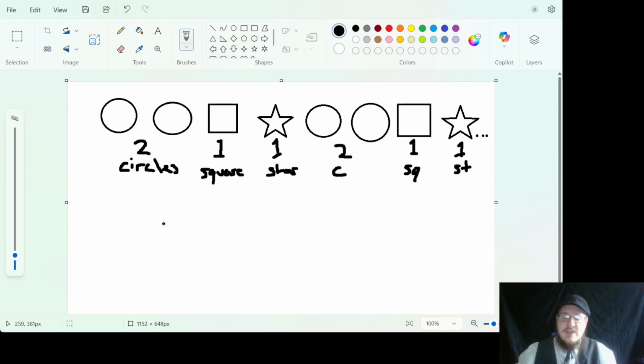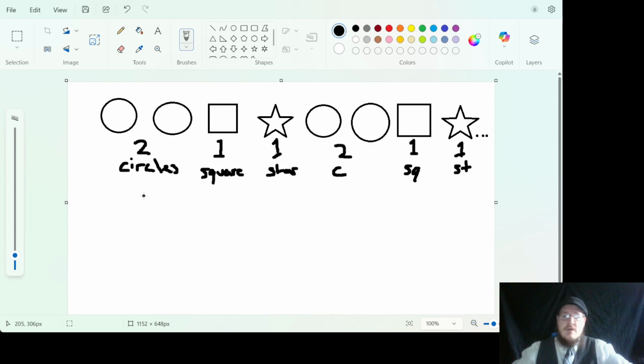So, quick little sentence here for our pattern. Let's just say it out loud because it'd be kind of long to write it out. For this pattern, we would say, after two circles, we are followed by one square and then one star, and then the cycle or the pattern repeats.